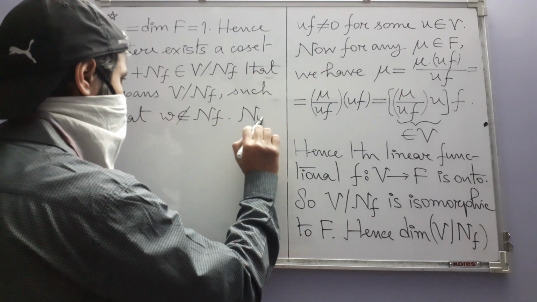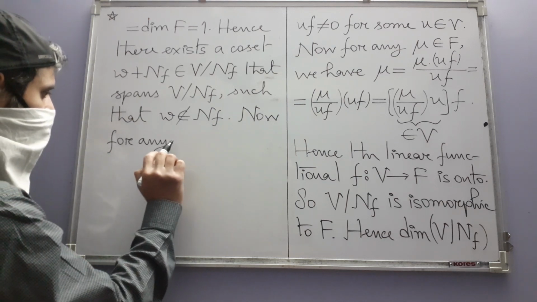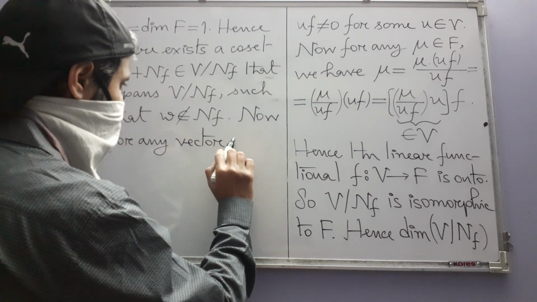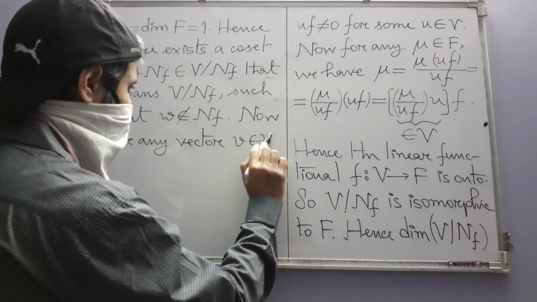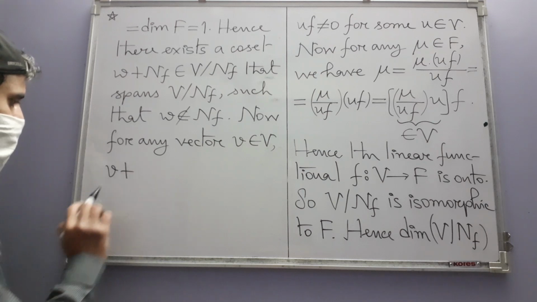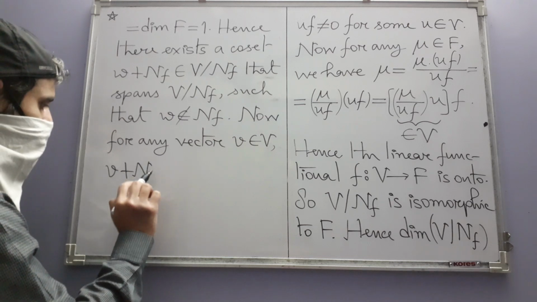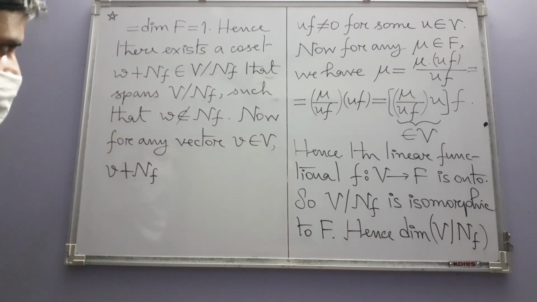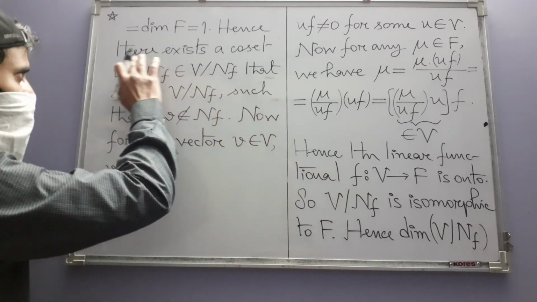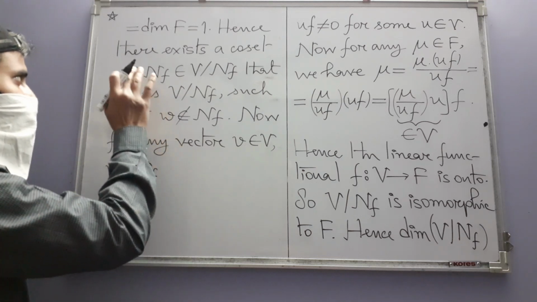Now for any vector v belonging to V, you consider the coset of nf given by this vector v, that is v plus nf, and this is a vector in the quotient space which we are saying is generated by this single vector. So that means this will be a scalar multiple of this.